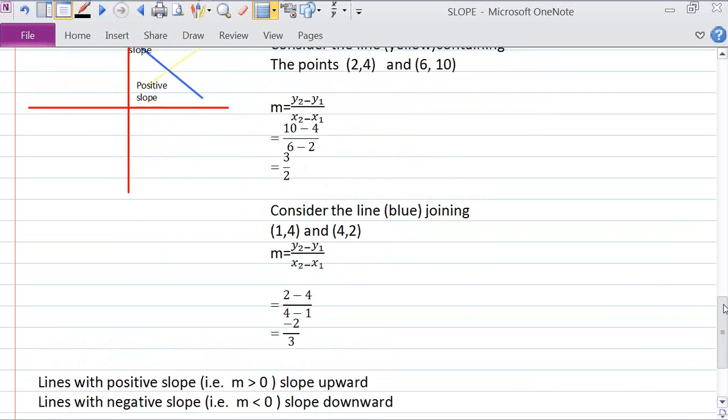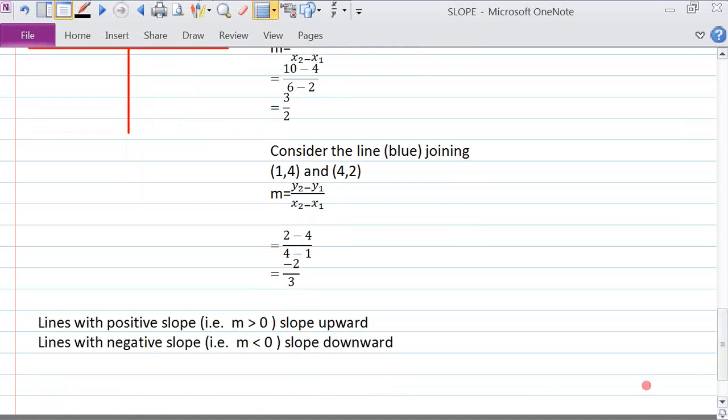Now we see how a slope can be positive or negative. The first one we talked about has a positive slope because m is greater than 0. This one is a number less than 0, and so it's a negative slope.